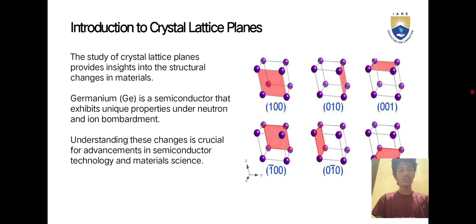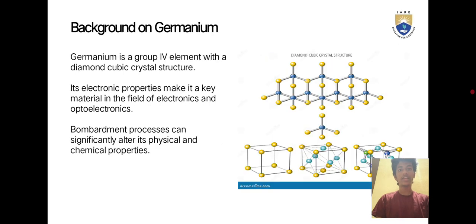We can see in the diagram there are six examples: 100, 010, 001, 100, 010, and finally 001.